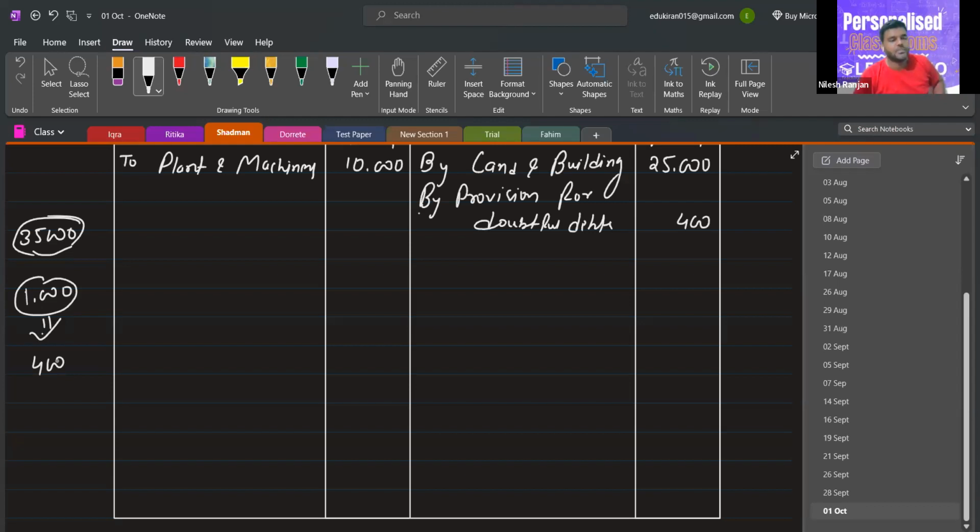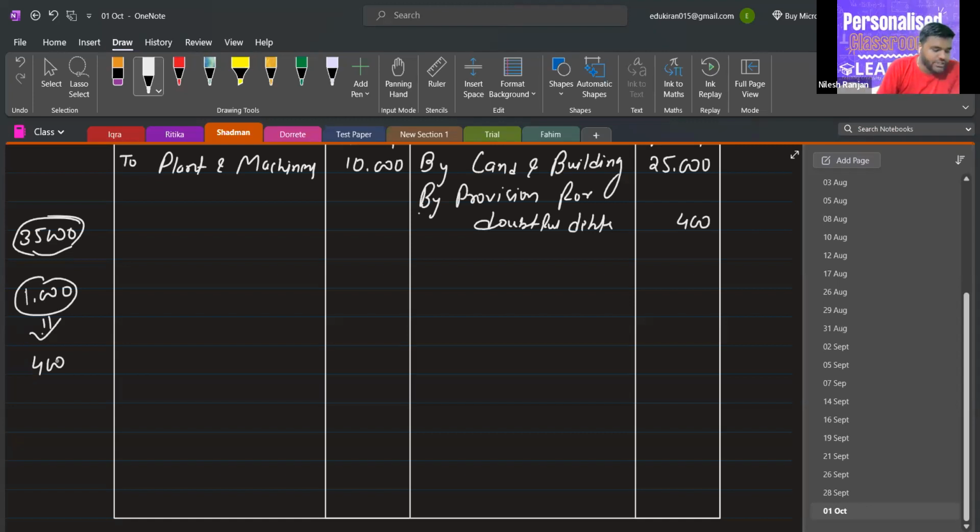So the total amount that was bad in the past was 1,000, but it is now 600 only. Now you have doubt on only 600. Yes, sir. Got it. So this is profit for you. Yes. So that's why 400.